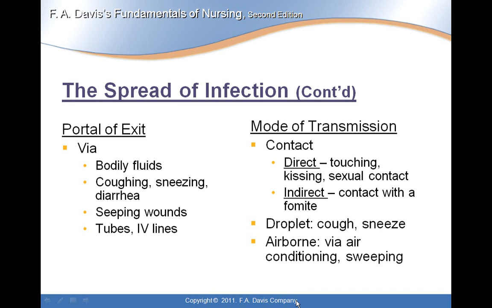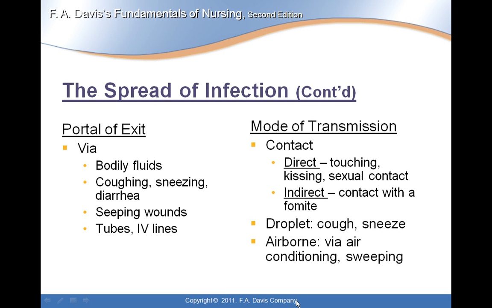So when we have patients in the hospital that are on droplet precautions, let's say a person sneezes. When that person sneezes, you have droplets that are propelled into the air and then they fall. Imagine the person coughing, droplets are propelled into the air and then they fall and they hit the floor or the bed.